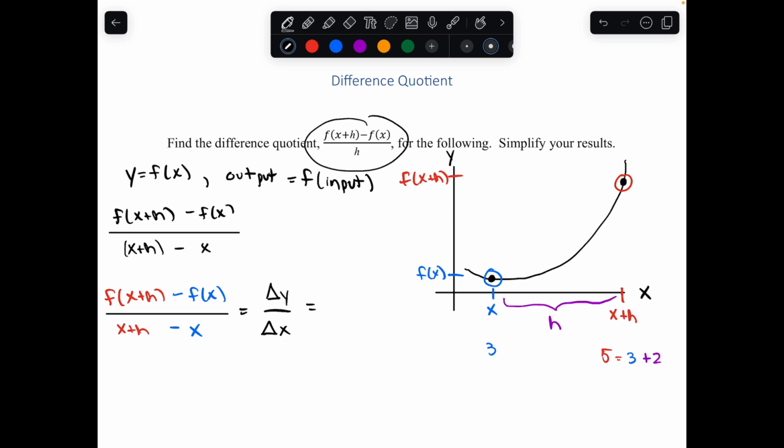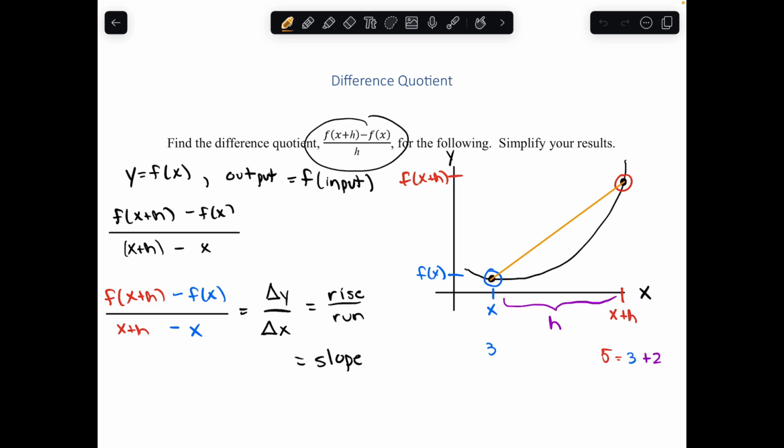You may be more familiar with this in terms of rise over run, or even more so, as slope. This is the slope of a line. Well, which line are we talking about? It's going to be the line connecting these 2 points. The secant line. So the difference quotient is really just the slope of the secant line.